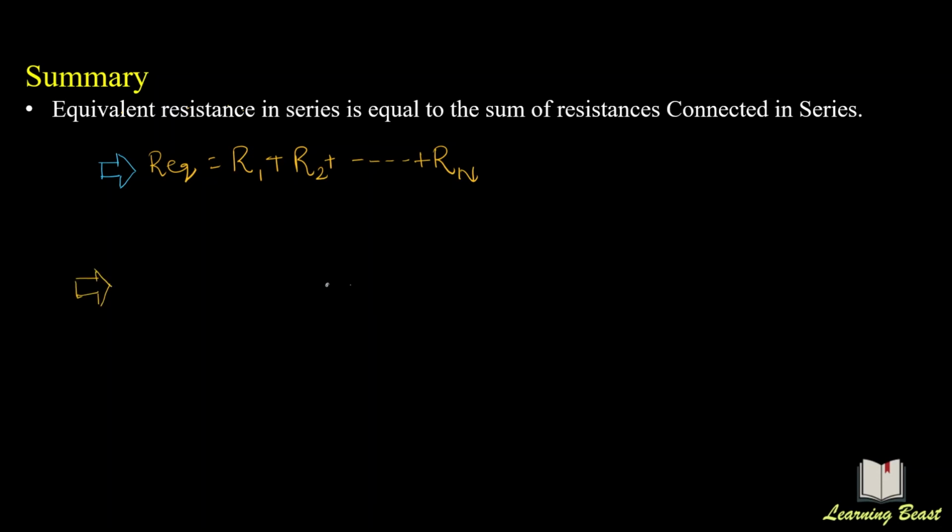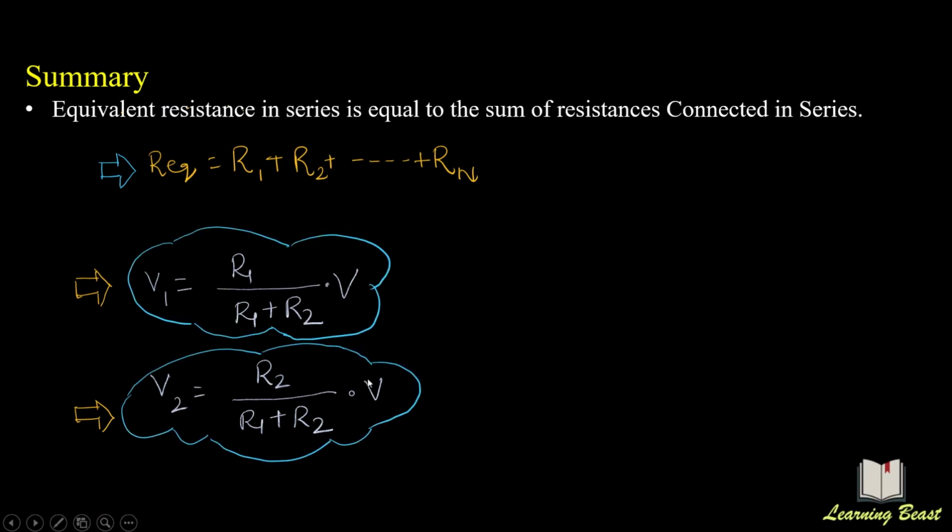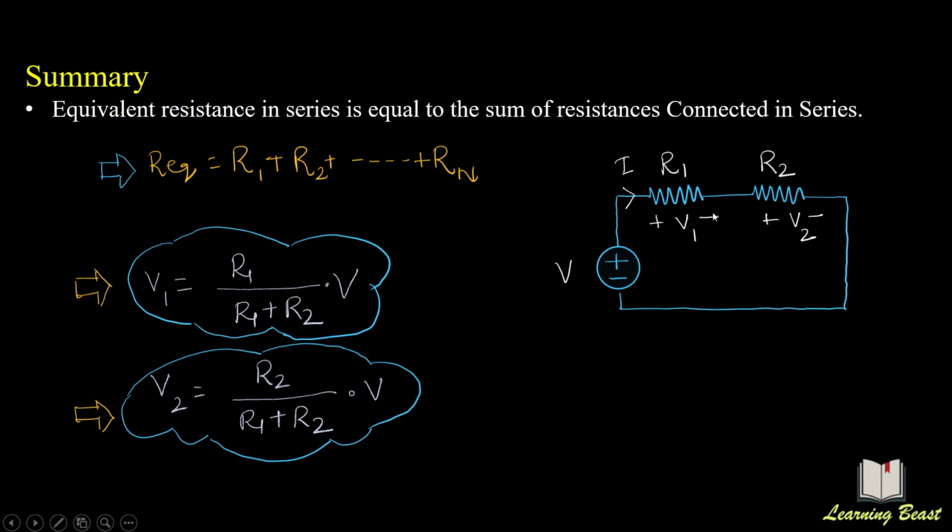Then, the voltage division rule says that the voltage across a resistor R1 is equal to the value of that resistor divided by the equivalent resistance of the circuit into the supply voltage. Similarly, V2, which is the voltage across R2, is equal to R2 divided by R1 plus R2 into the supply voltage. These formulas are valid for this given circuit.